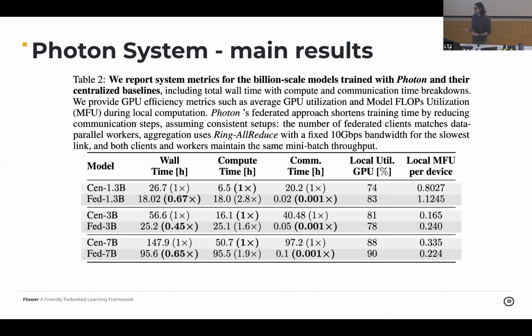As you can see here, while in terms of compute, federated learning requires some more compute time, in terms of communication, given the much less frequent communication for the federated optimization, in the end, federated learning in this scenario may take less wall time to train the same model.